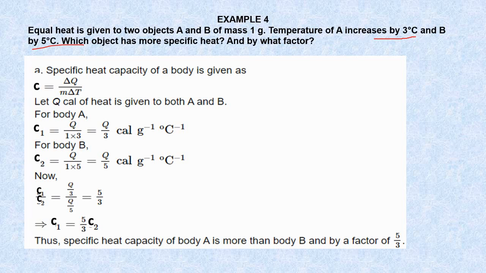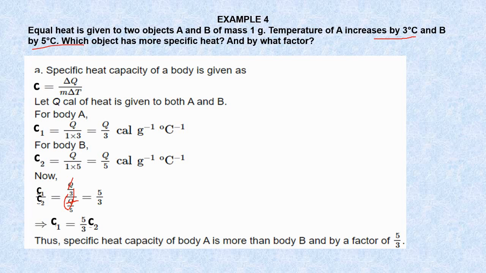The Qs will get cancelled, and 5 will go up and 3 will come down. So C1 upon C2 is 5 upon 3, or C1 is equal to 5 upon 3 into C2. Thus, the specific heat capacity of body A is more, by a factor of 5 by 3.